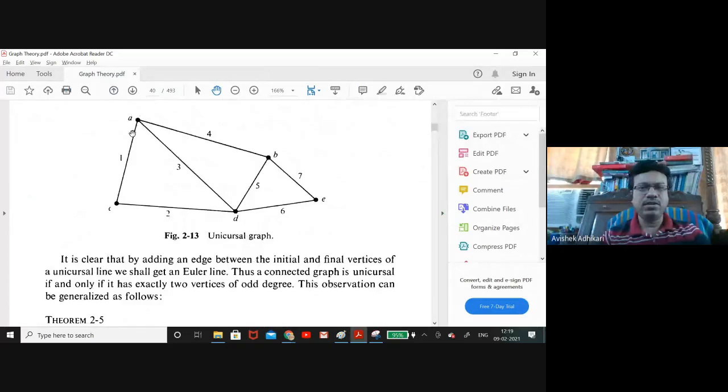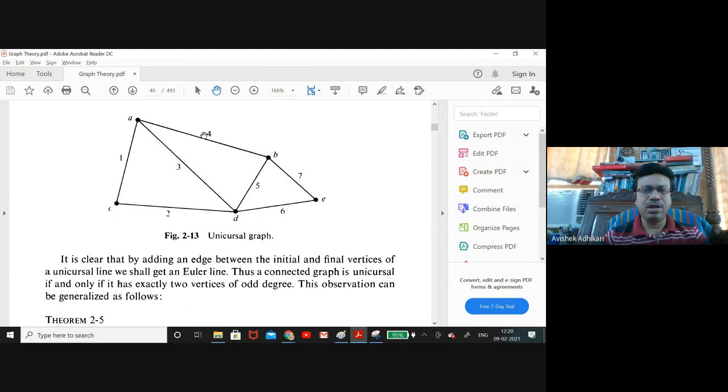You can see that not all the vertices have even degree. Here is an odd degree vertex, and here also we have an odd degree vertex. So it is not an Eulerian graph. But can you find a walk in this graph that starts from one vertex and ends at some other vertex, say B, but explores all the edges exactly once?